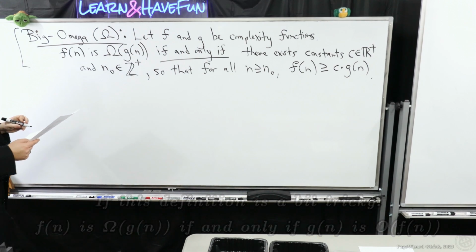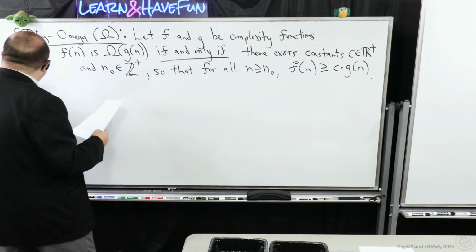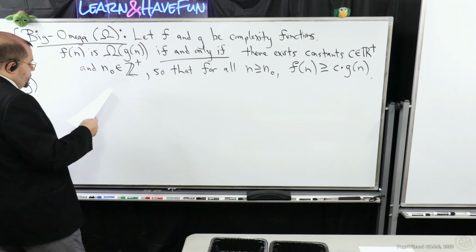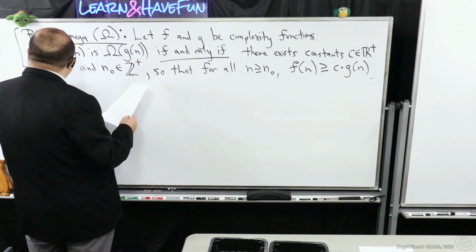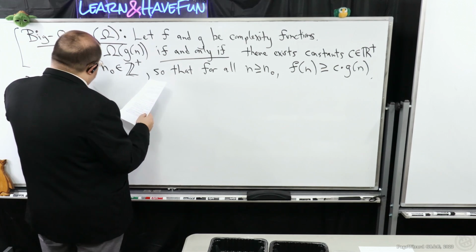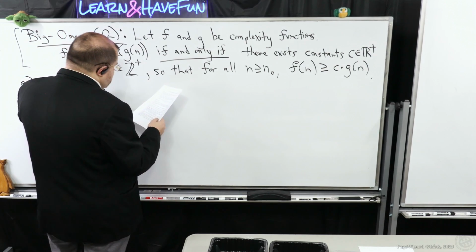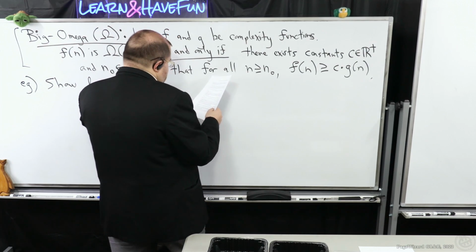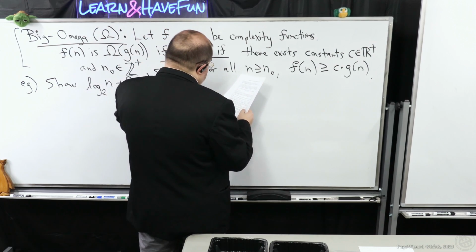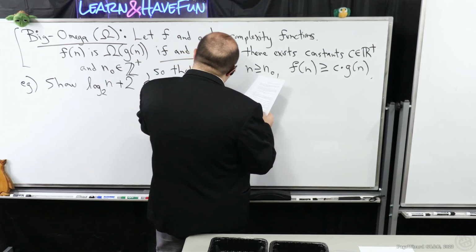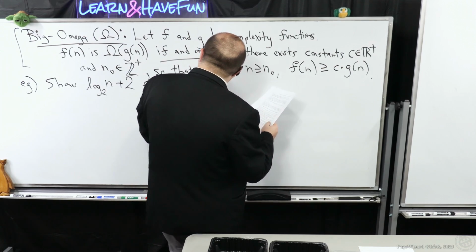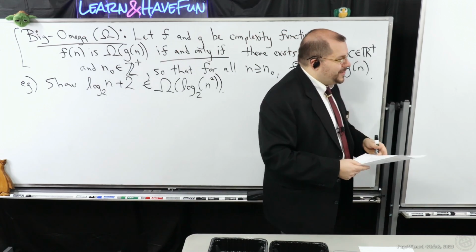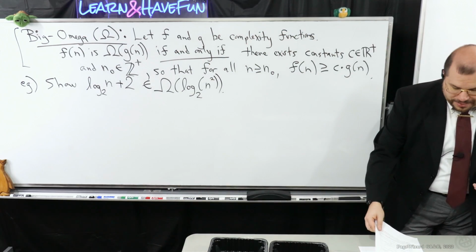I think it's a good idea we consider an example. So we're going to show that log base 2 of n plus 2 is big omega of log base 2 of n squared. This one's going to be a little fun because I'm going to use some properties of logarithms.